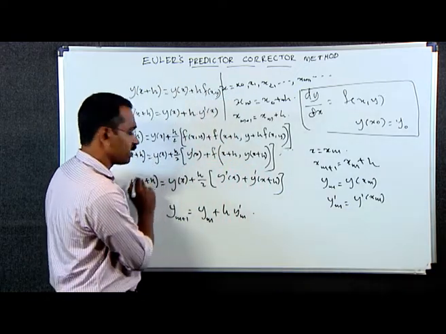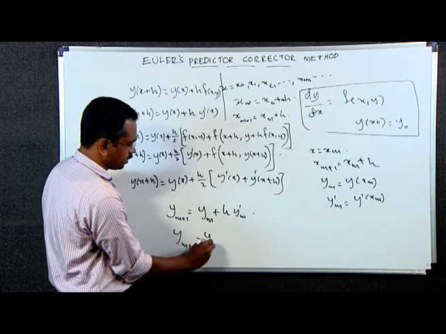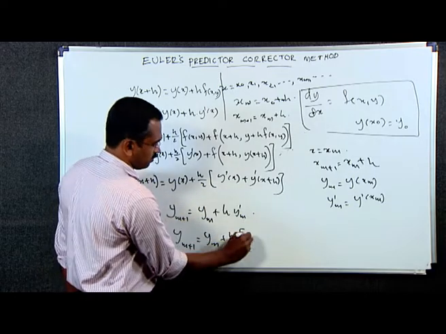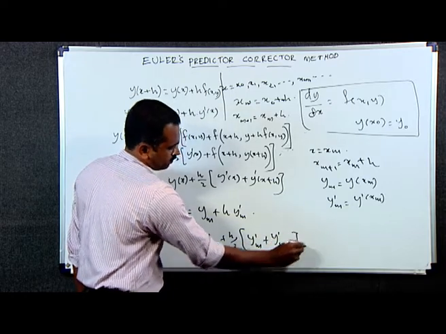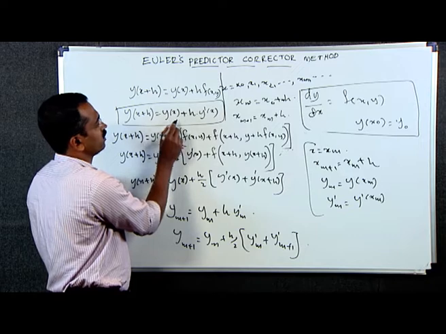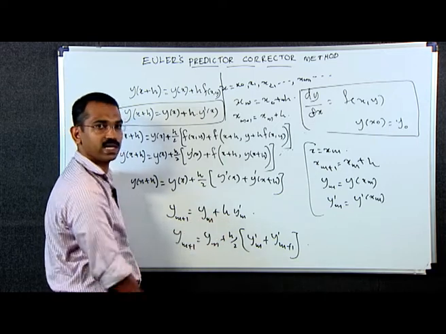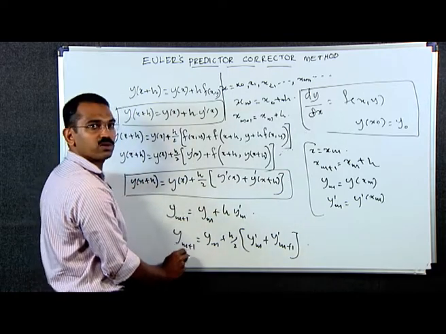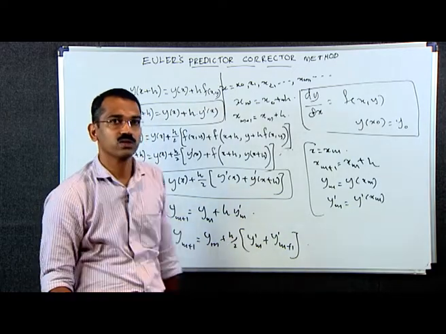And this expression can be written as ym plus 1 is equal to ym plus h by 2 into y dash m plus y dash m plus 1.